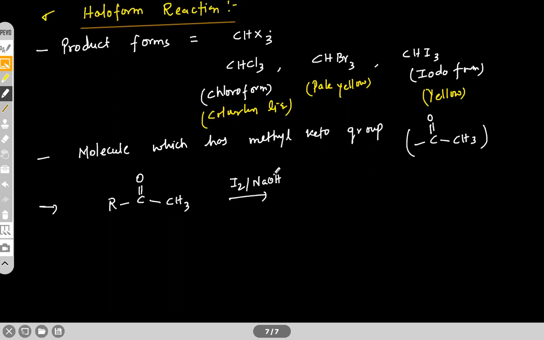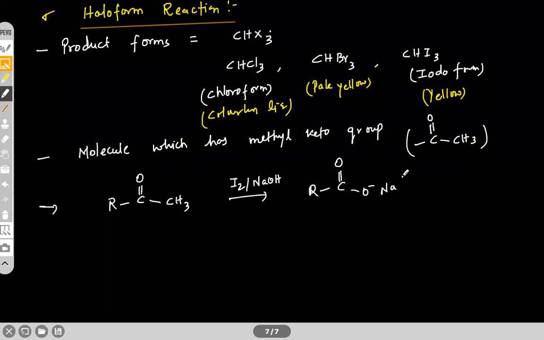I2 with NaOH. The product we get here is R-C double bond O-O minus Na plus, and CHI3.